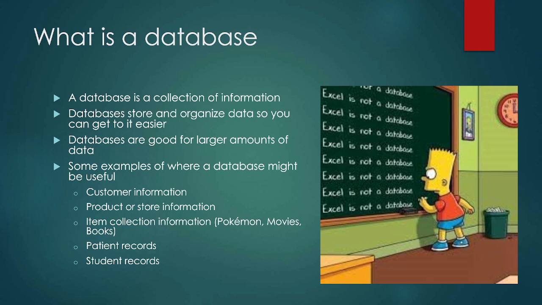For example, customer information or products that are being sold in a store, item collection information, or records. For example, patient records or student records would be stored in a database because we might be able to store them in something else, for example, a spreadsheet, but that can get really overwhelming really quickly and would also be used for different things than a database would.